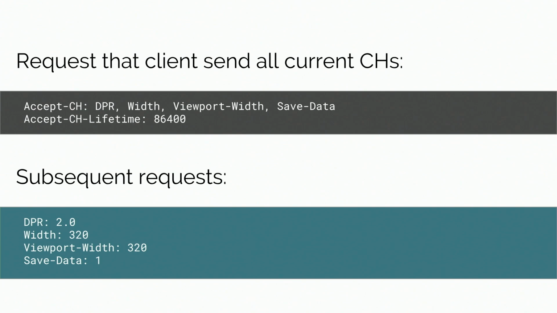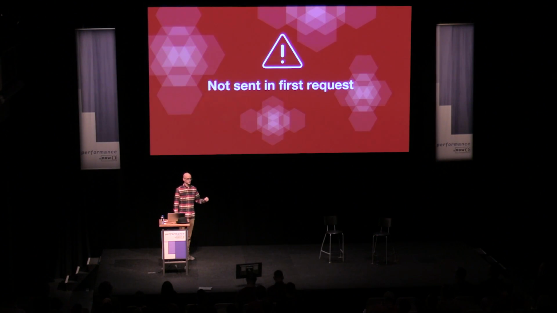I believe they're also now in the process of being prefixed with CH-, but that's very much in flight. The interesting thing about the way client hints work is that because you have to ask for them, and you're asking for them in a response, they aren't sent in the first request. So if you want to do something quite big, like let's say you have a text-only version of your site that you want to render for people who have save data turned on, then you can't do that in the first response because you don't know yet that they want the save data version of your site.